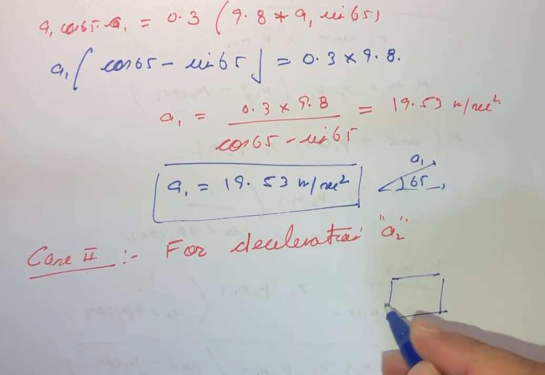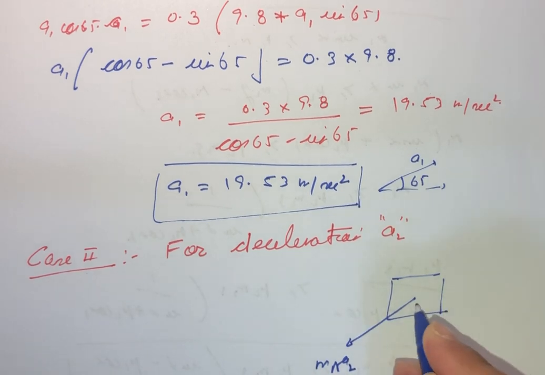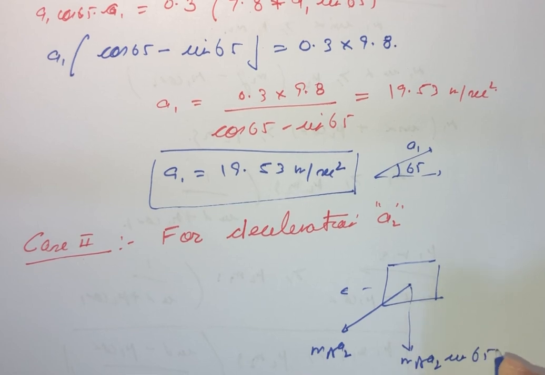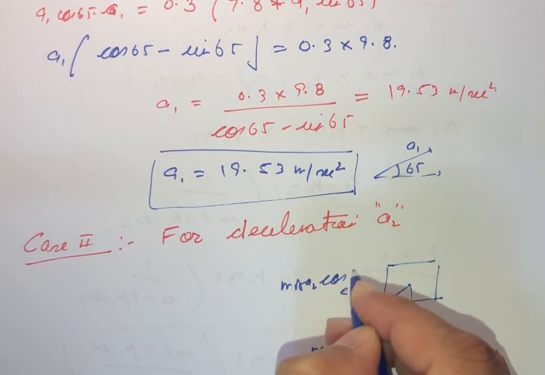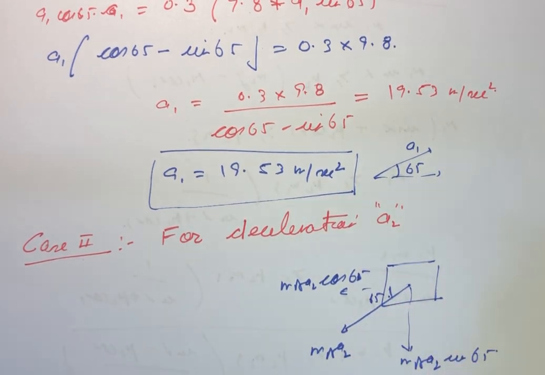We have this M_A A2 with two components. We have M_A A2 sine 65, and M_A A2 cos 65, because this angle is 65.